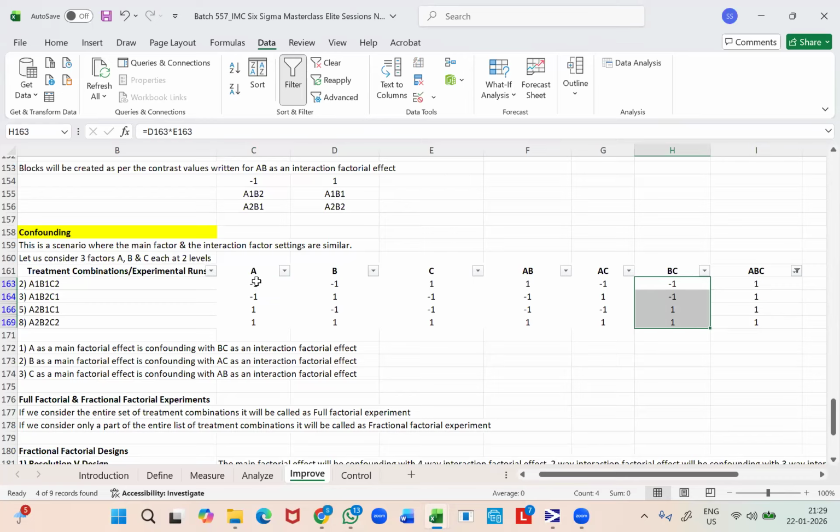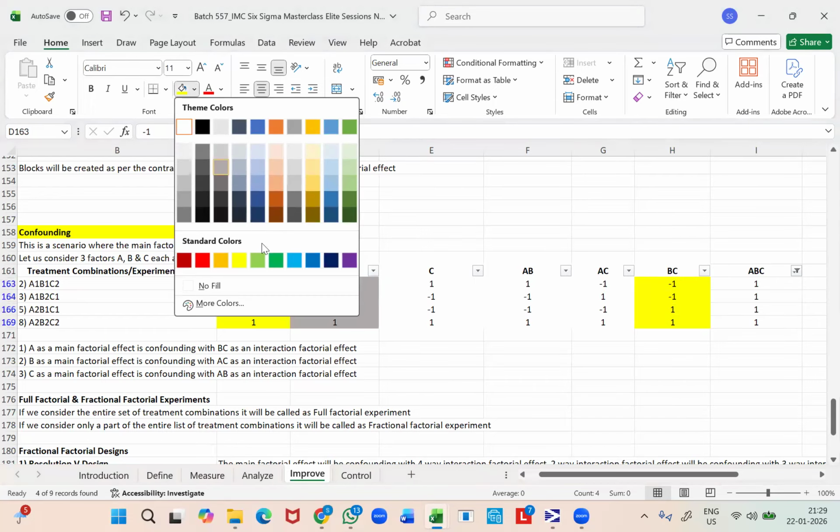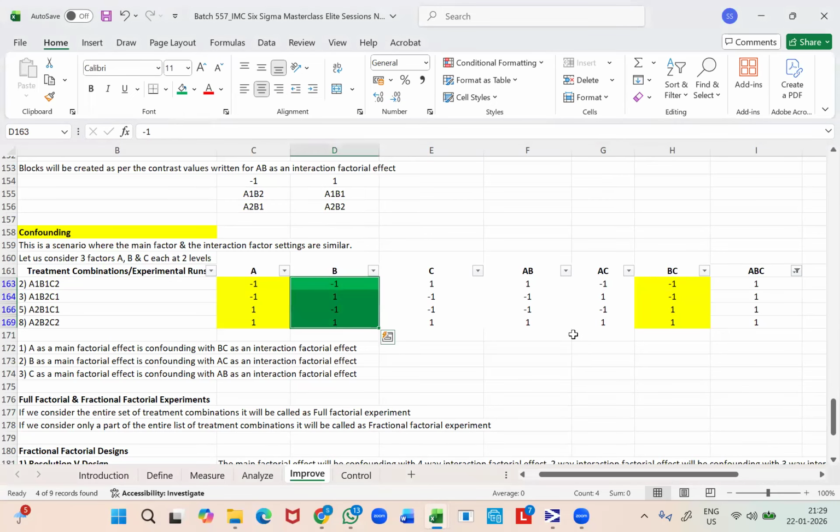So I can say that A as a main factorial effect is confounding with BC as an interaction factorial effect, right? Similarly, if you look at B, we have the factor settings -1, +1, -1, +1. And for AC, we have the factor settings -1, +1, -1, +1. So B as a main factorial effect is confounding with AC as a two-way interaction factorial effect.